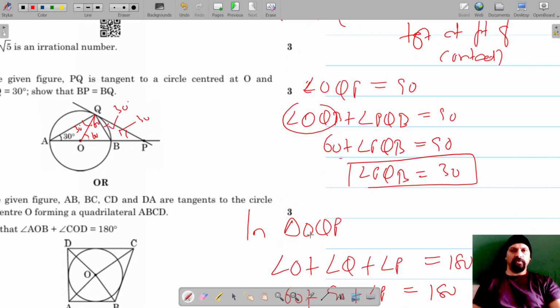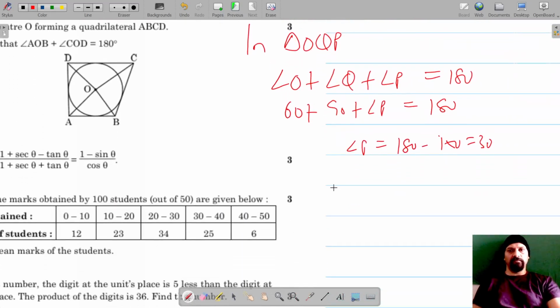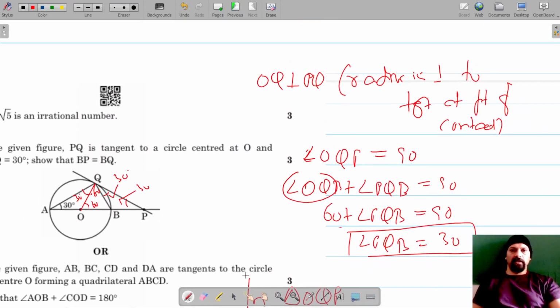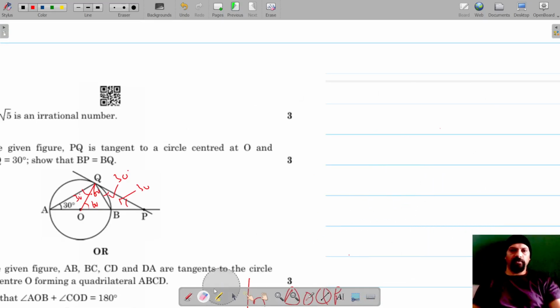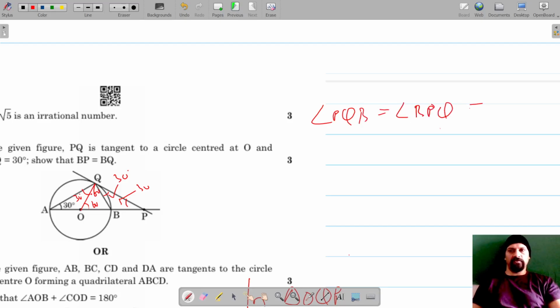Now, because these two angles are equal, finally what we have got is that angle PQB is equal to angle BPQ. So these two angles are equal, both being 30 degrees. So that means the sides opposite to them are equal.